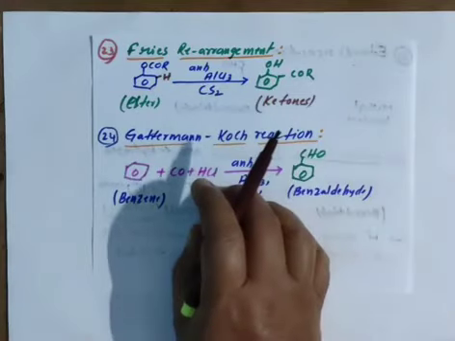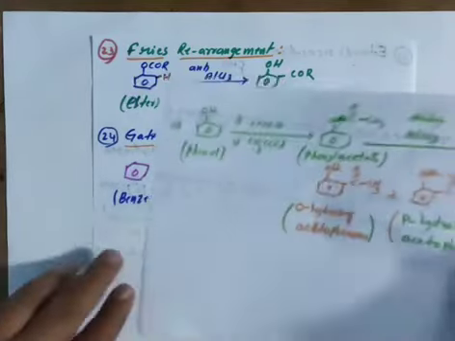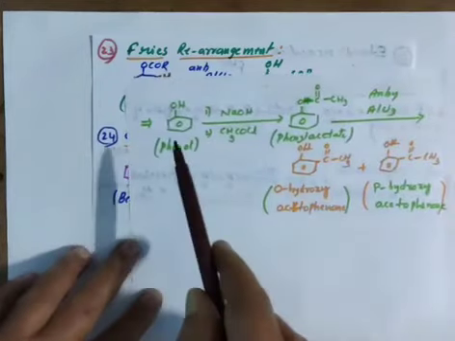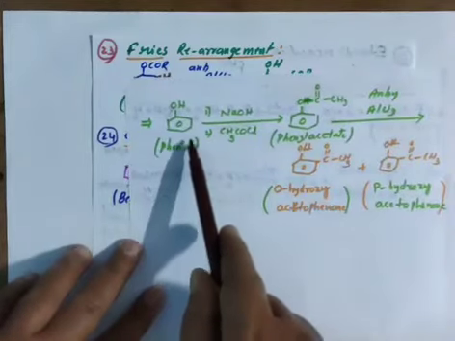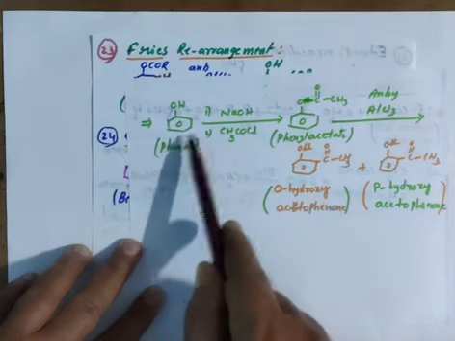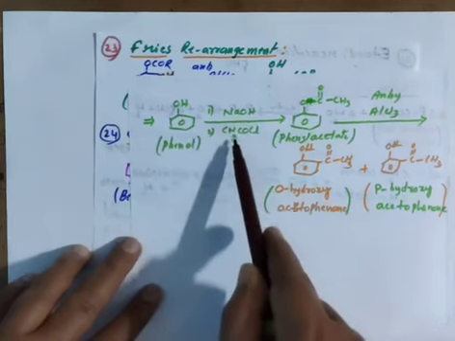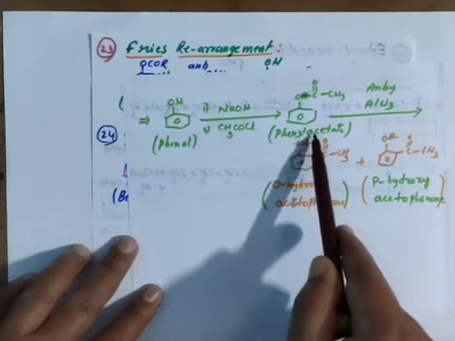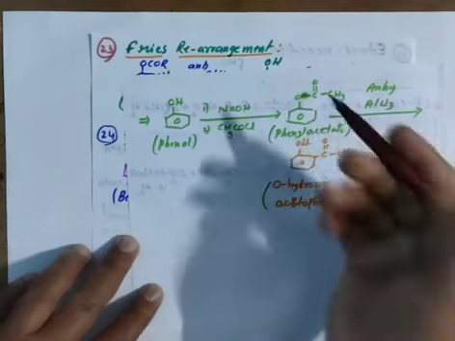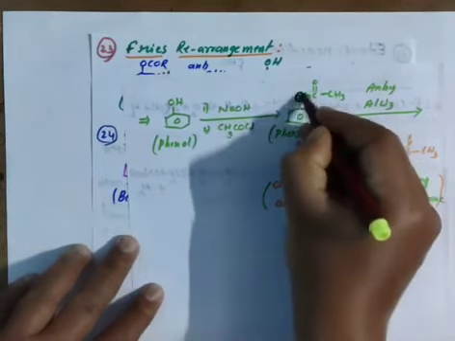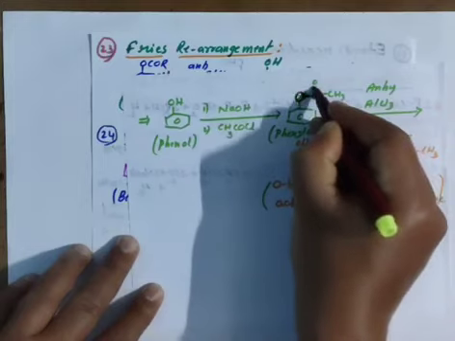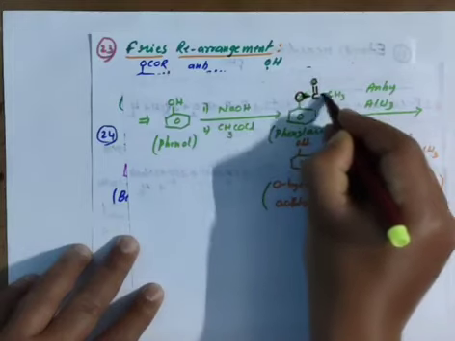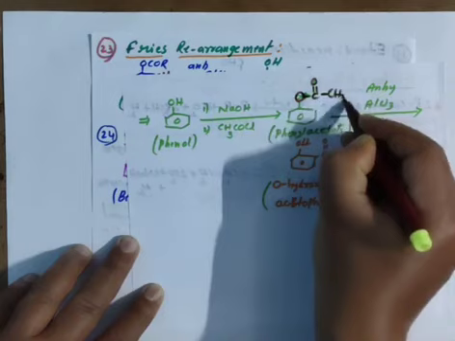And for more information, I will give detail. See here, actually what happened. This is a phenol, treated with NaOH and acetyl chloride. Then you are getting an ester, that is phenyl acetate. Clear? This is phenyl acetate.